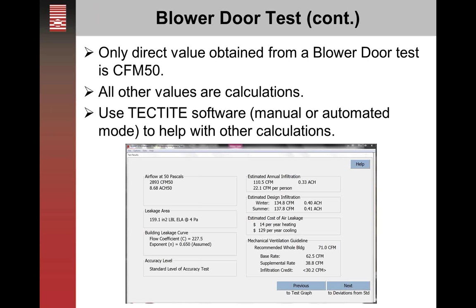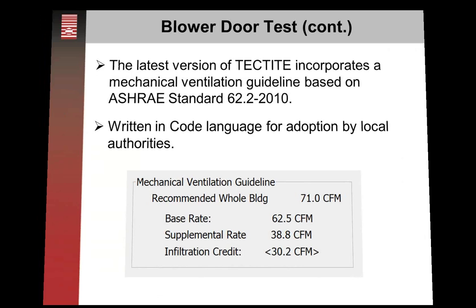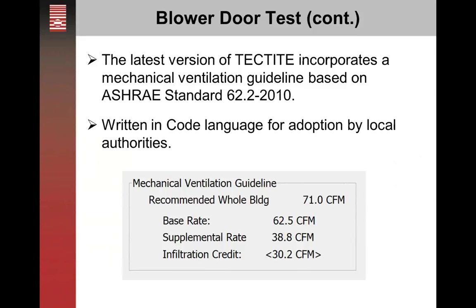In the lower right, you'll see mechanical ventilation guideline, which is based on ASHRAE 62.2, 2010. Now, that particular standard has been written in code language so that it can be adopted by a number of local authorities. So you will see that many states and local authorities will implement the mechanical ventilation guideline.